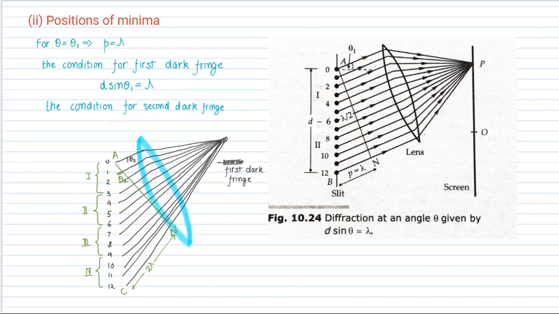Now, if this path difference is 2 lambda, so up till this distance, can you see this distance? This distance will be half of this distance. If this is 2 lambda, then this distance will be lambda. If this distance is lambda, then can you see this distance?